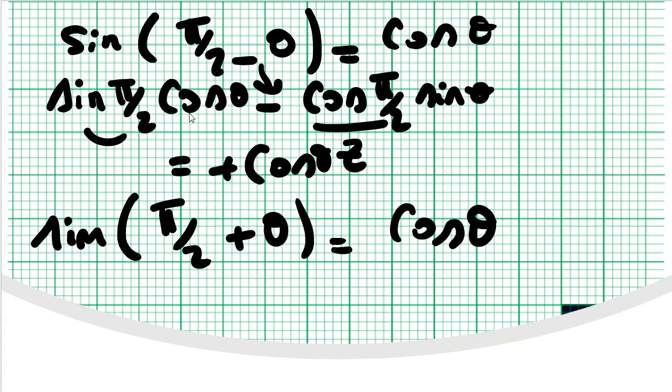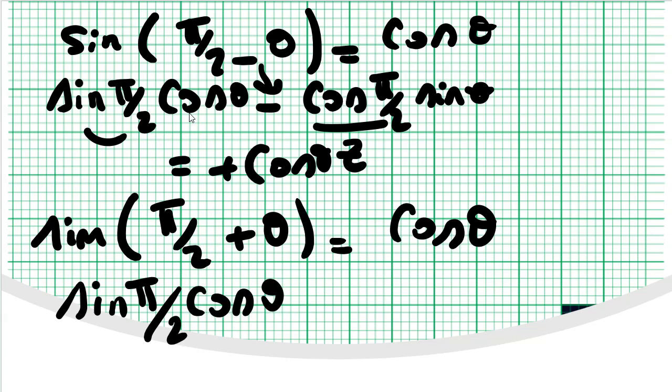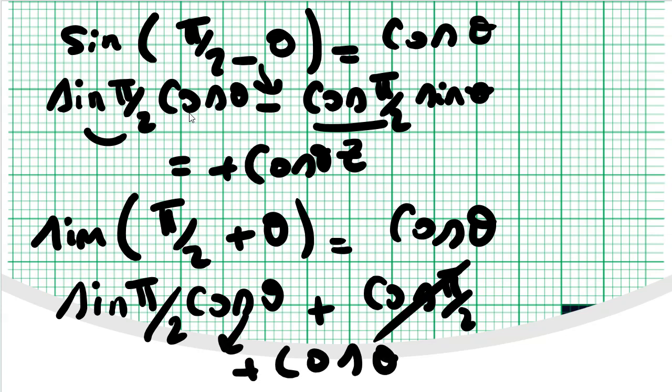Cosine theta, because the sine, even in quadrant 2, is positive. And if you follow the compound angle rule, or the crab rule, you're going to get the same thing. You know, sine, you don't change this, so this is plus. Cosine of pi over 2 is 0, so you're only left with plus cosine of theta.